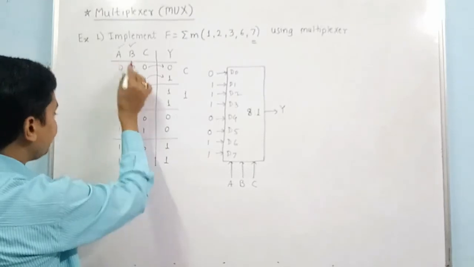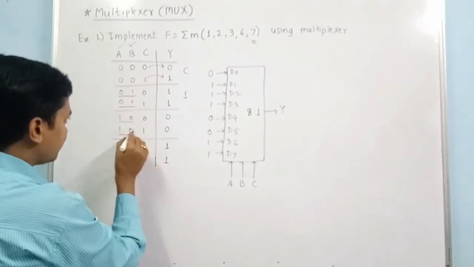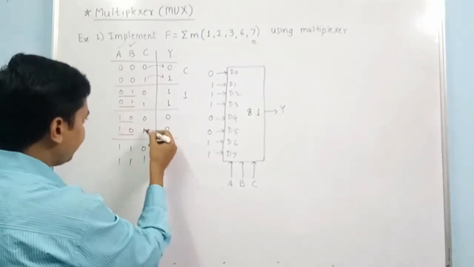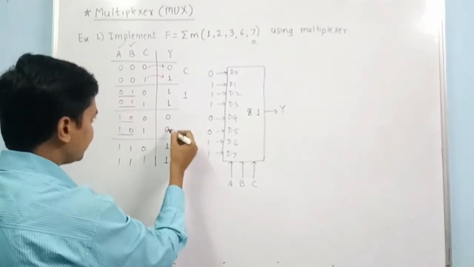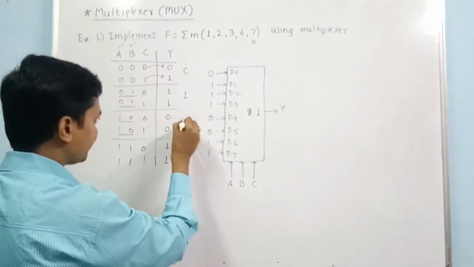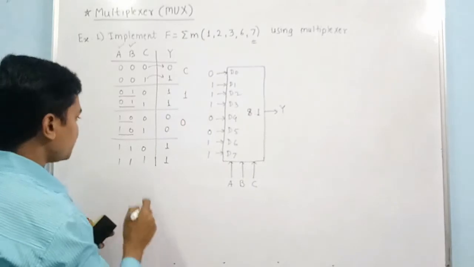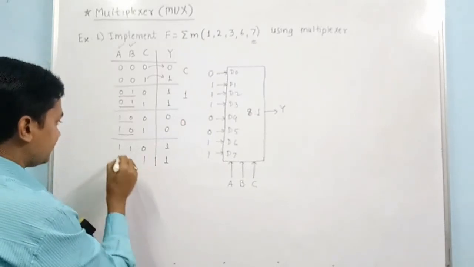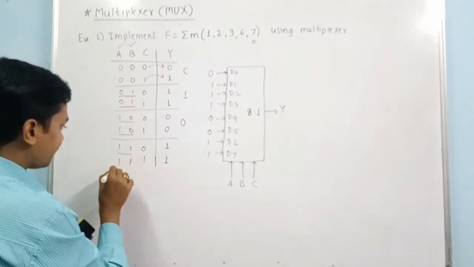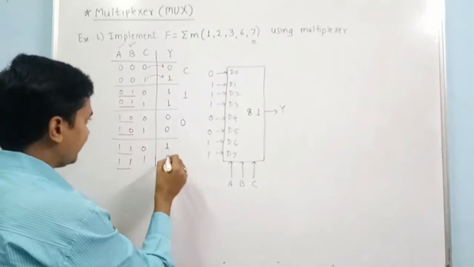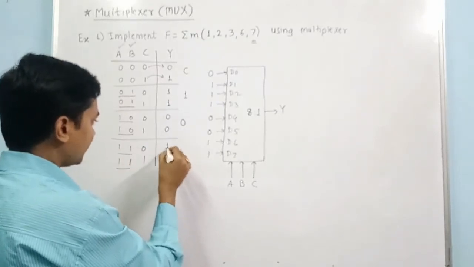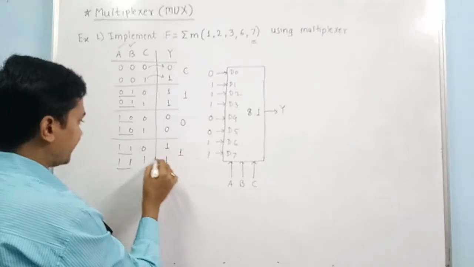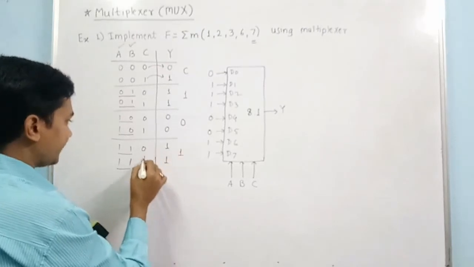So when A and B combinations are 1 0, irrespective of the C value, the output is 0. Okay, so compulsorily the output is 0. And what about the last combination? When A and B are 1 1, the output is still 1. Okay, so this output is 1 irrespective of this C value, C state.